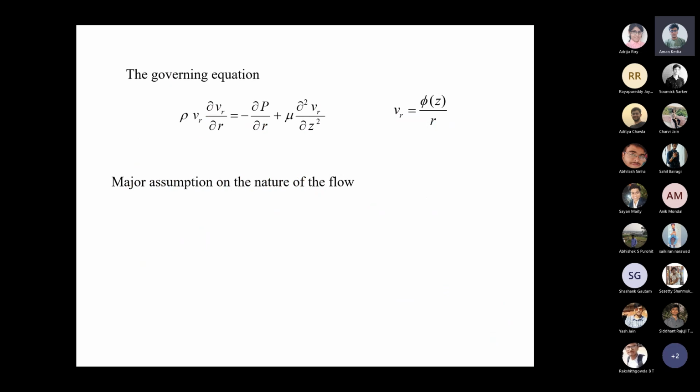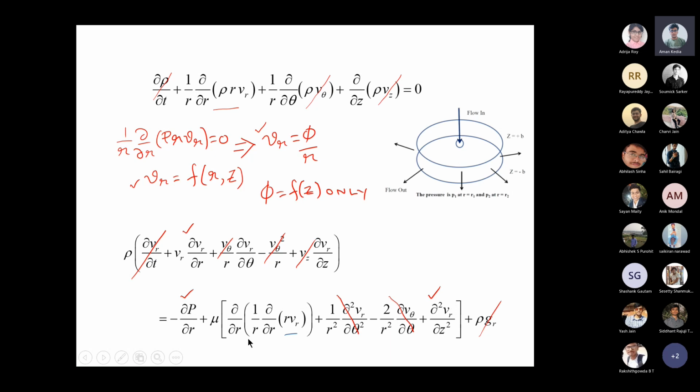Therefore, if you plug in all these, your governing equation is going to be this equation, the del P del r, and this last term which was there in the equation.